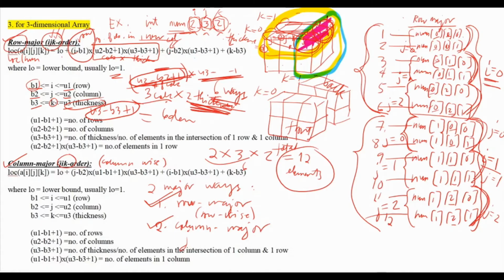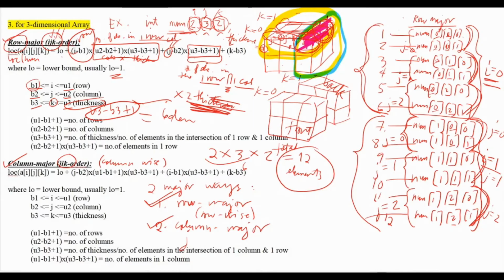And then this one is column J minus the base of J, times this part here, which is simply the number of elements in the intersection of one row and one column. The intersection is this part here, which is the thickness, which is 2. And the thickness is given by the expression U3 minus B3 plus 1.